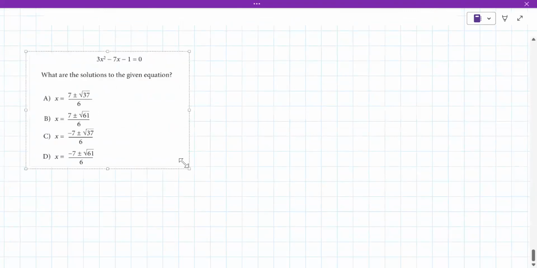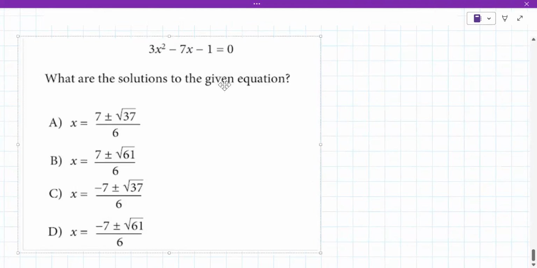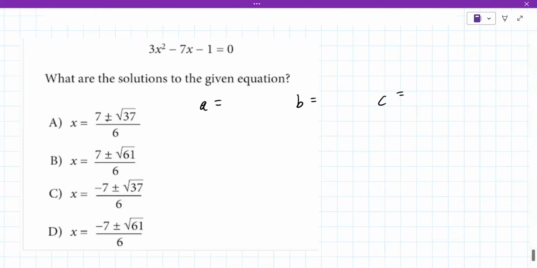that you should be able to work on. All right. It says, what are the solutions to the given equations? You can see that every single one of these is the quadratic formula. So in your problem here, you have A, B, and C. What's the value of A from this equation here? 3.